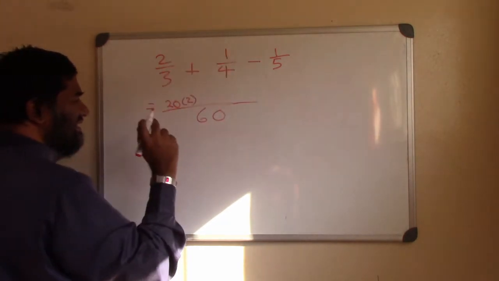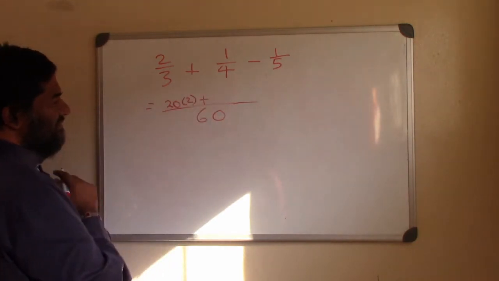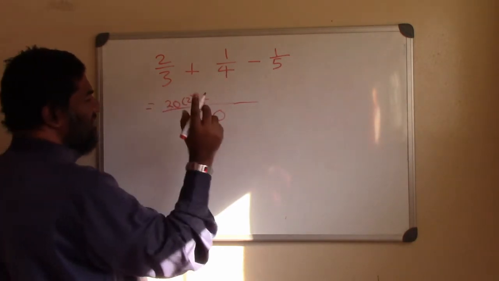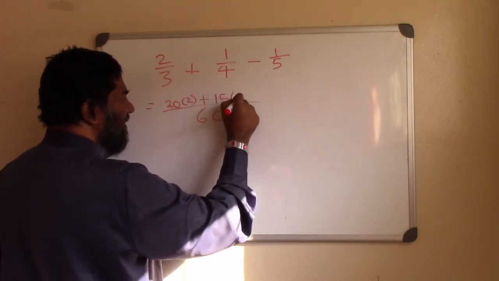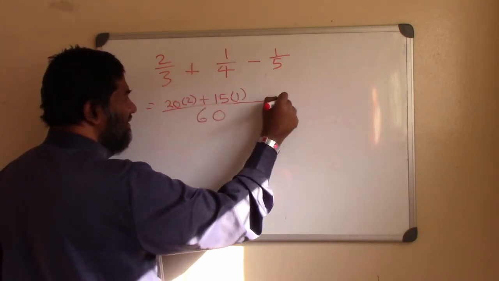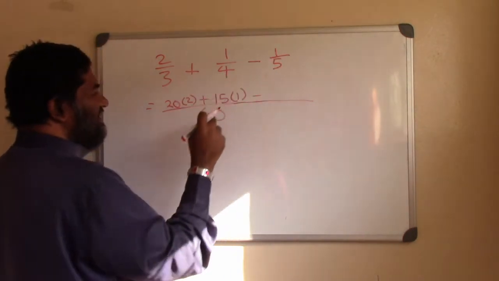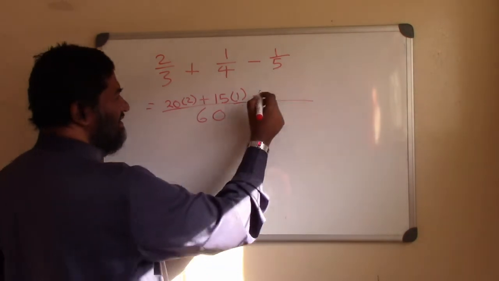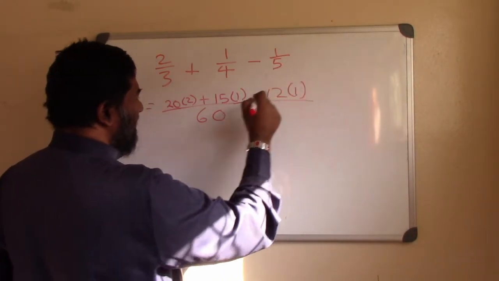Plus and negative actually separate the terms. I'll put a plus. 4 goes into 60 how many times? 15. What's the top number? 1. Minus. 5 goes into 60 how many times? 12 times. What is my top number? 1.